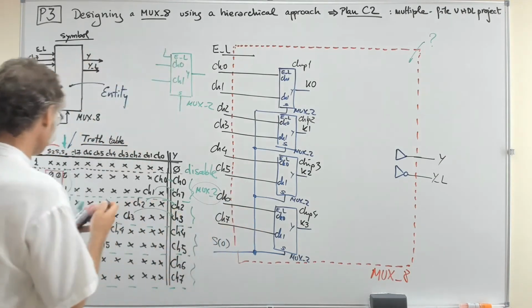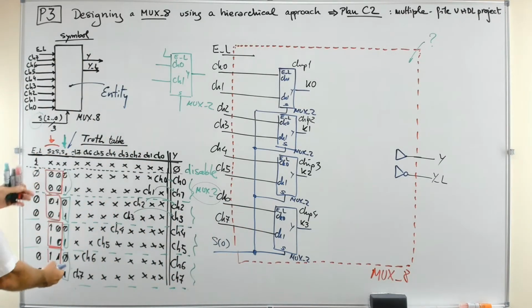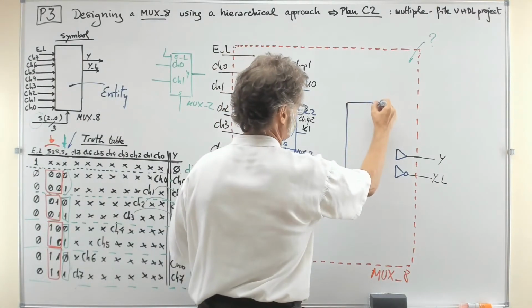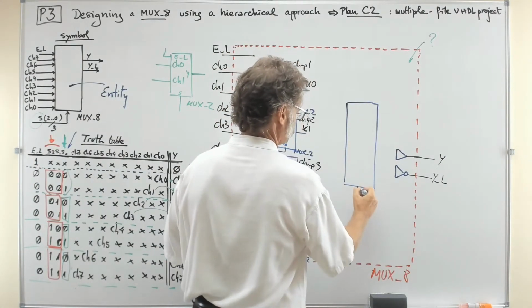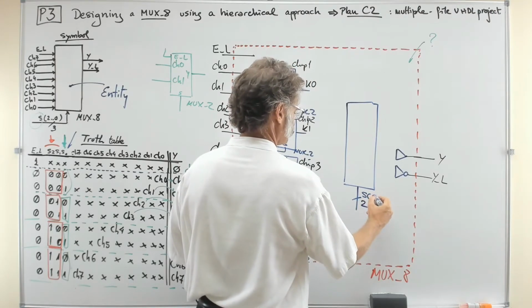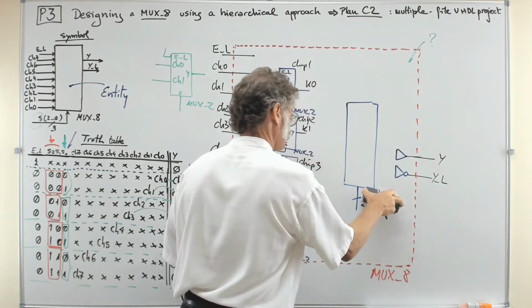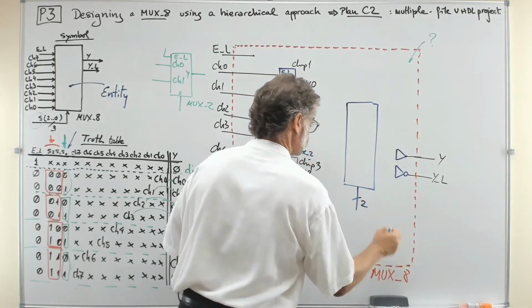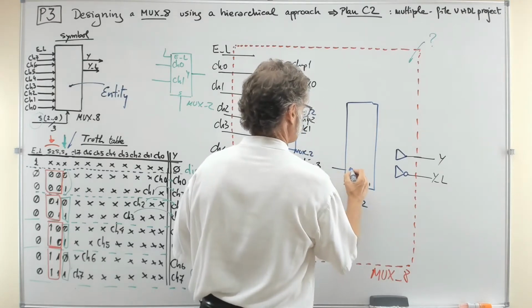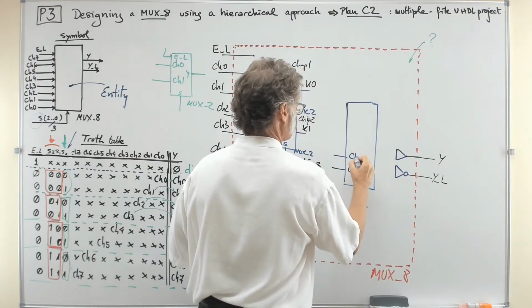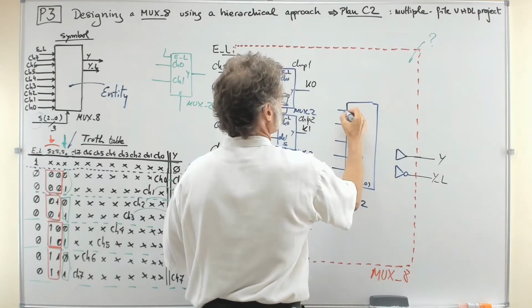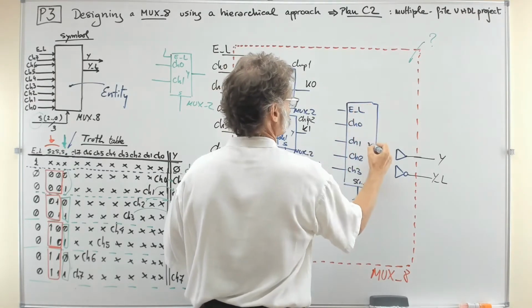So clearly you like to use here a circuit that has 2 wires for selecting. This is S, 1 down to 0. This is the channel 3, the channel 2, the channel 1, and the channel 0 of this device, and the enable active low, and this is the Y.